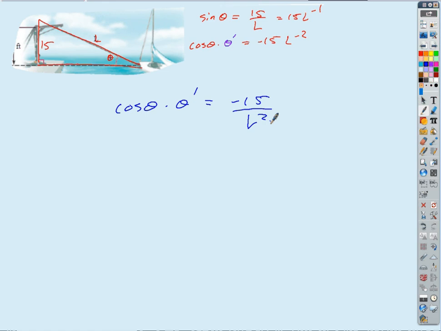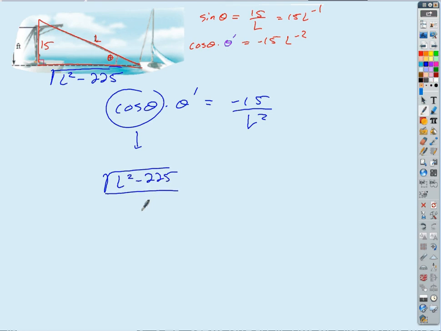So what is this missing side going to be? Square root of L squared minus 15 squared, right? And so now I could rewrite this whole thing as the ratio of square root of L squared minus 225 over L times theta prime, sorry, equals negative 15 over L squared.